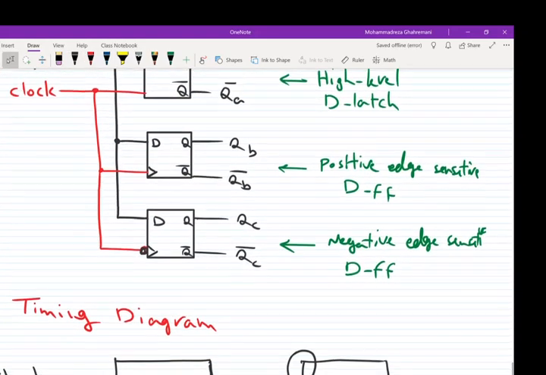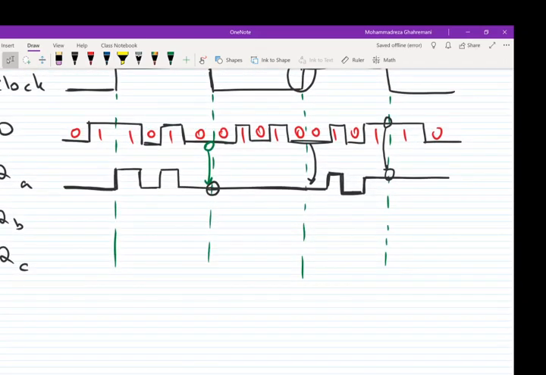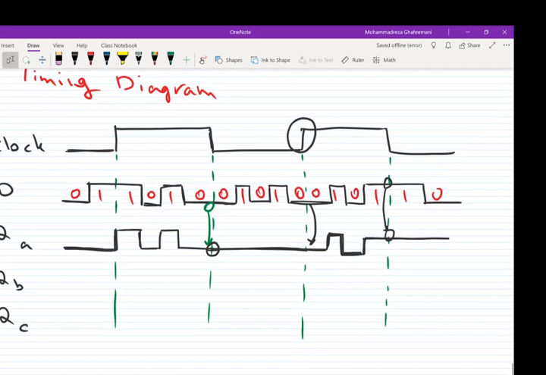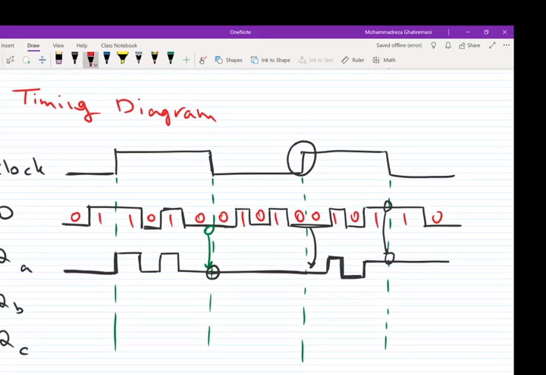QB is positive edge sensitive D flip-flop. Positive edge sensitive D flip-flop says that the output can be changed only once at the rising edge. At which edges? At this edge and this edge.